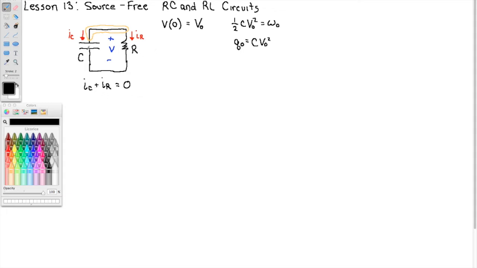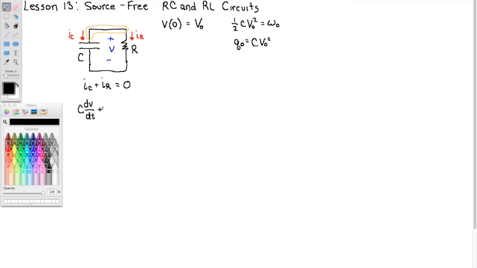We've also seen from capacitors in lesson 11 that the current through a capacitor is related to the voltage across it by one of my favorites, C dV/dt. The current through the capacitor is C times the derivative of the voltage across, and the voltage across is precisely V.